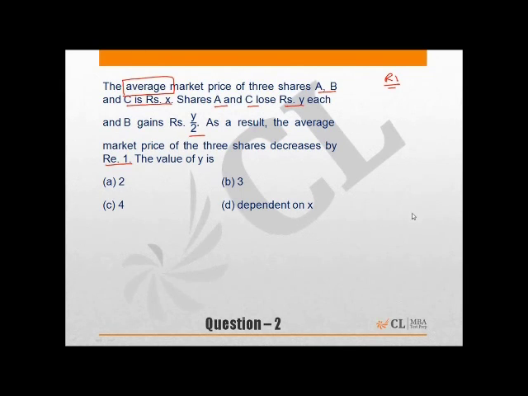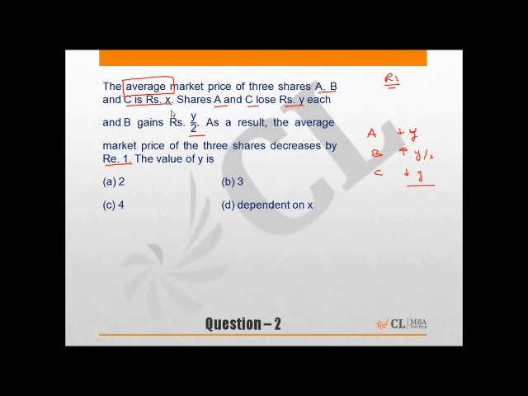Now, share A, the price has gone down by Y rupees. Share B, the price has gone up by Y by 2 rupees. And share C, the price has gone down by Y rupees. So what is the total loss?